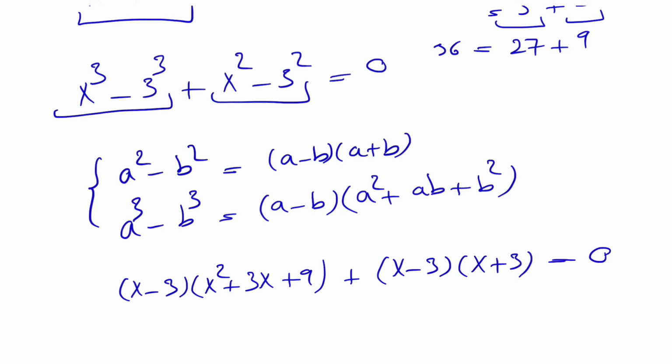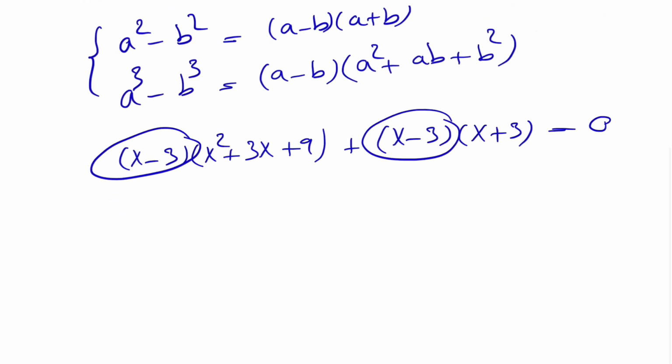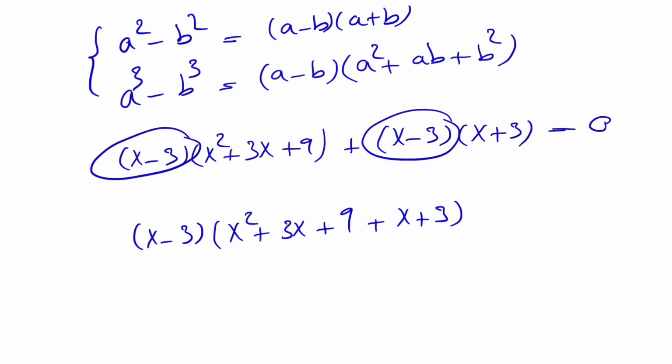And we have x minus 3 in here as a common factor, so we can factor x minus 3 out. From the first one, we will have x squared plus 3x plus 9, and we'll have x plus 3 from the second expression, equals 0.